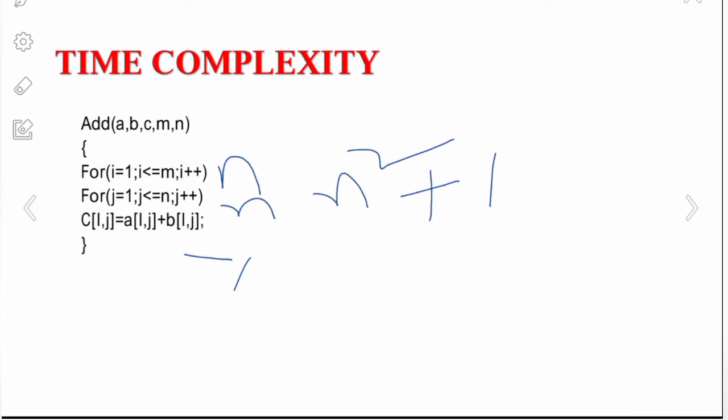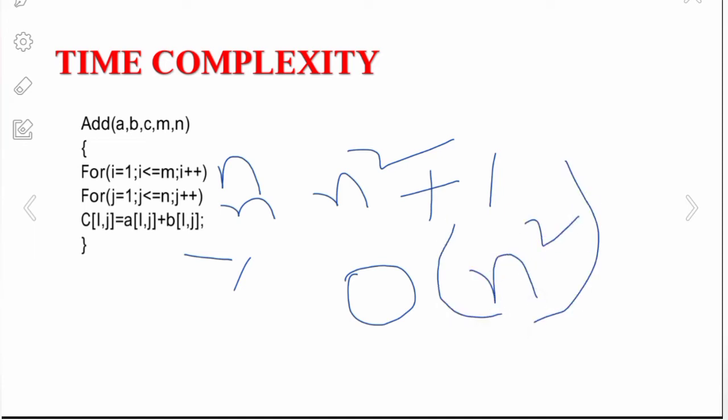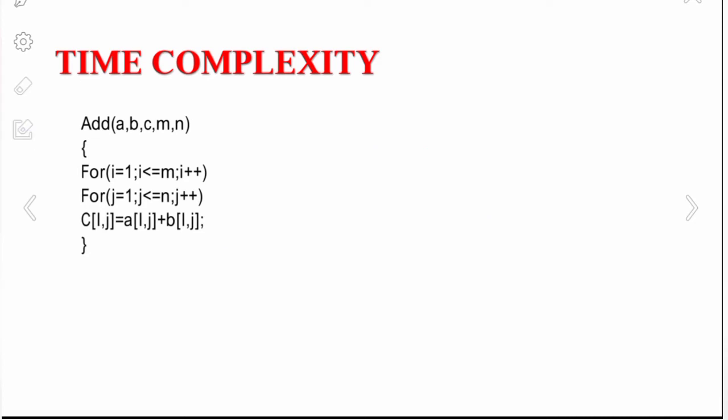So totally it will execute n square plus 1 amount of time. But we are considering the asymptotic notation for the time complexity, so it will take the approximate value, that is big O of n square. Here the constant is negligible.